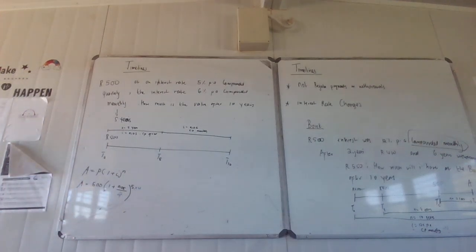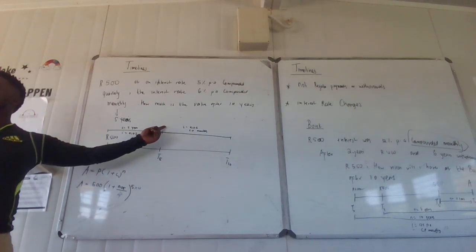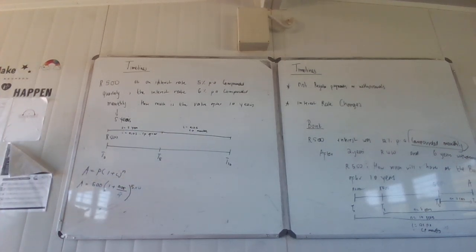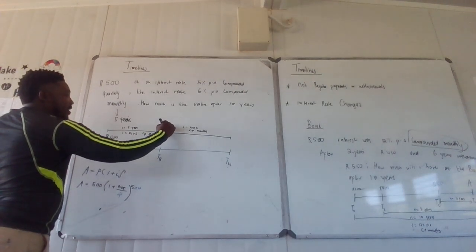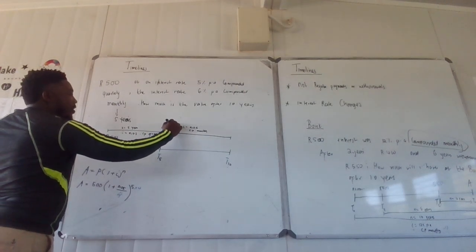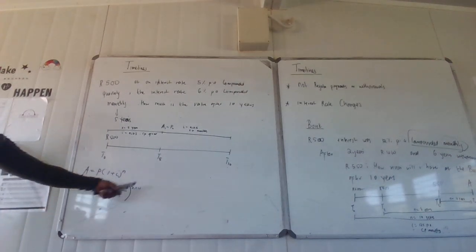Now, because there's no other amount that we're adding, we just have the 500 rand, the 500 will continue. When you look at this accumulated amount, it will be our A1 here, which is also going to be our principal, the second principal amount. So the same amount will still continue.